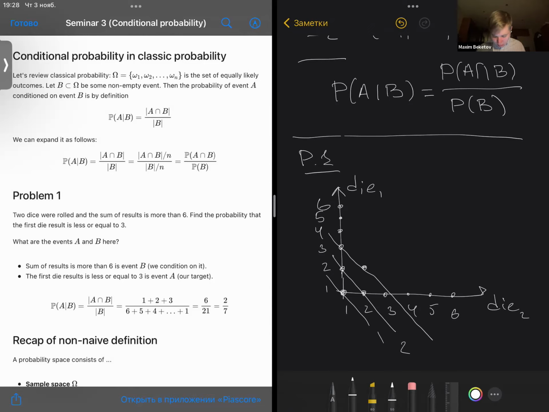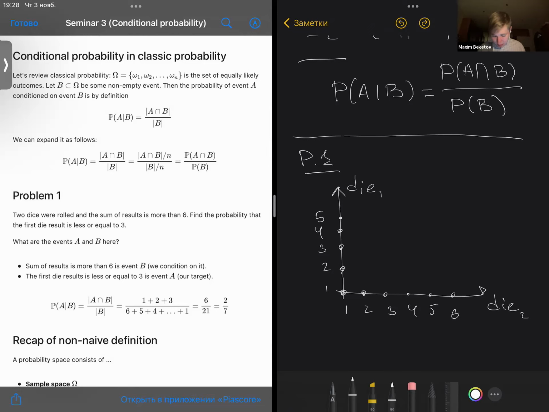Something's wrong. It's because I started with 1, that's why. Okay. How do I do this? Give me a second. Sorry. 1, 2, 3, 4, 5, and so on. 1, 2, 3, and so on. And this is 0, and you cannot be there.